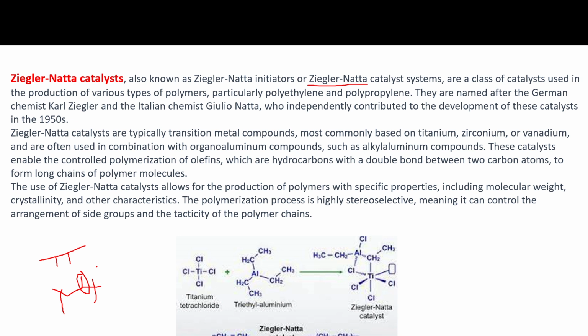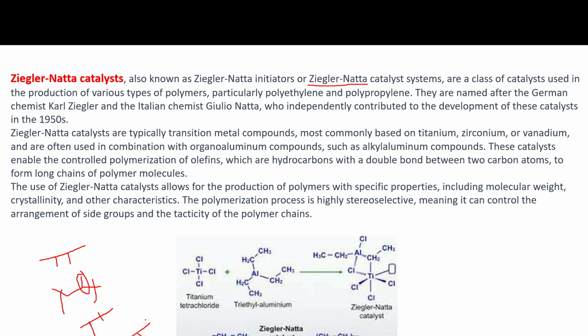Are they arranged all on a single side, or alternately from one side to another, or arranged randomly like this? So why is the arrangement important?